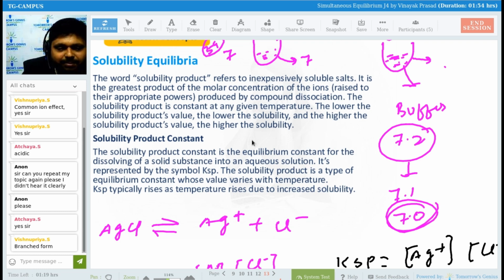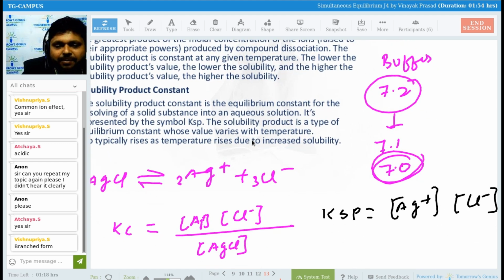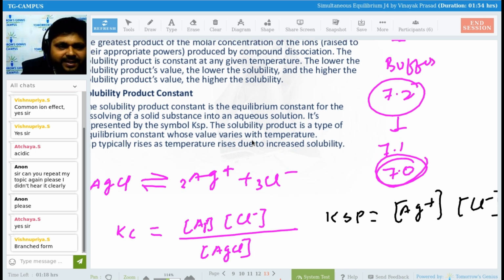Suppose the salt breaks into 2 and 3 ions. For Ag I will have to write 2 here, and for Cl I have to write 3. Got my point? I have to change this product as well.